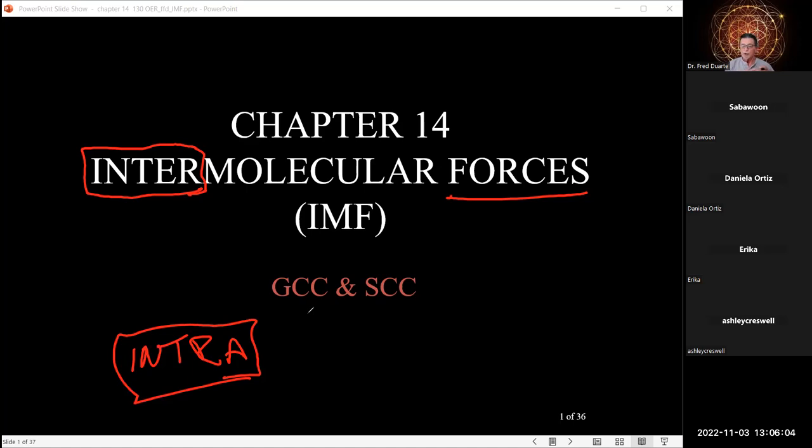Remember, we did a lot of work on polar bonds, and then we looked at the geometry of these molecules. We used the general formula AB E to determine the geometry. Based on the polar bonds, molecules with all nonpolar bonds end up as nonpolar molecules. Compounds with polar bonds that did not cancel out result in an overall polar molecule.